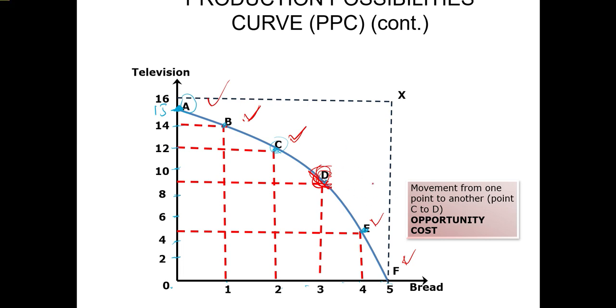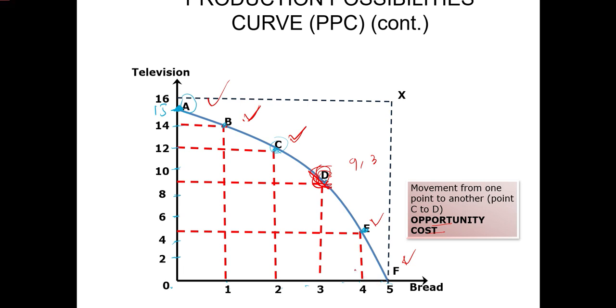And the opportunity cost concept will not occur as long as you don't change the point you choose. If, for example, all of a sudden they say they don't want more TV. Now at point D it is 9 TV and 3 bread, they would like to have more bread. The people are hungry.